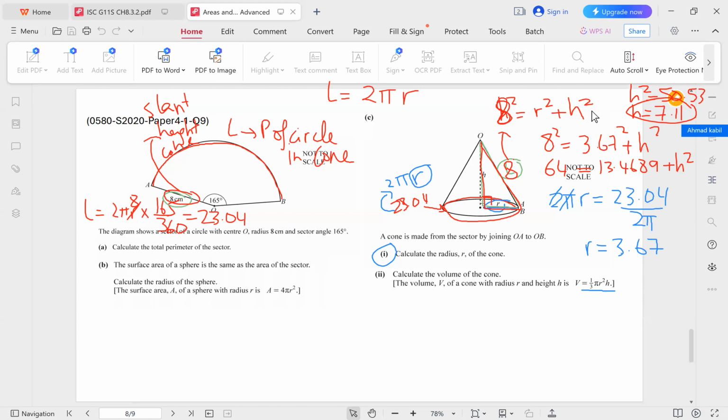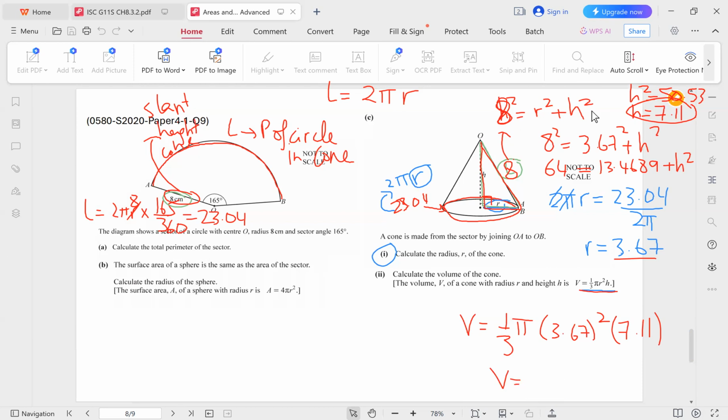Why do we need the value of h? Because it's part of the formula that we need to use here. So the volume is 1 over 3 pi, and then for r squared, we use 3.67 squared, and then the h we found to be 7.11, and we can get the volume by the calculator.